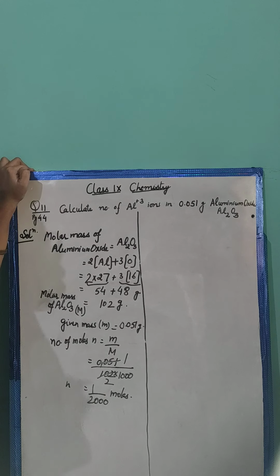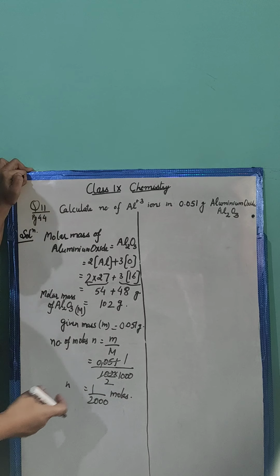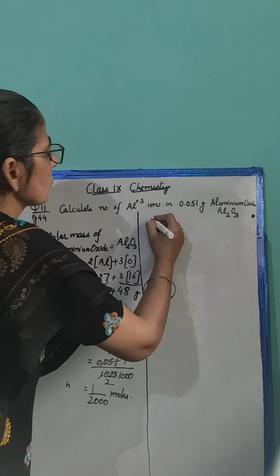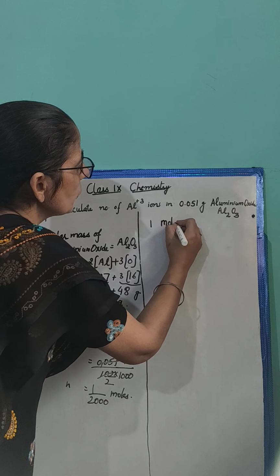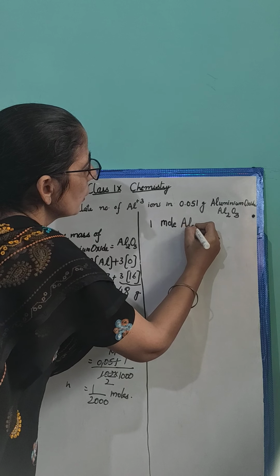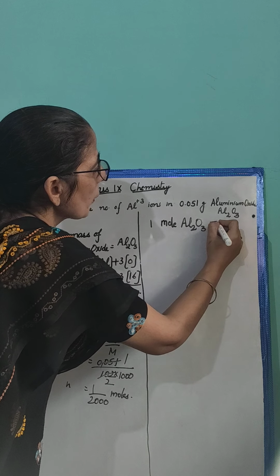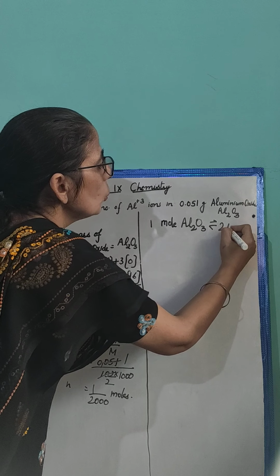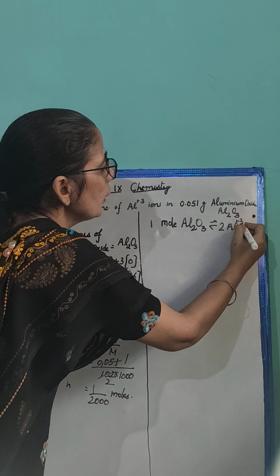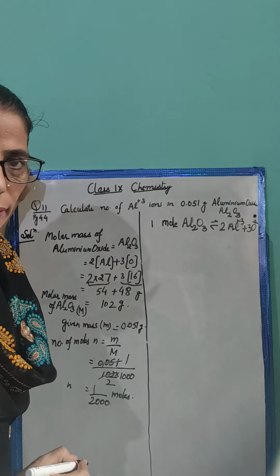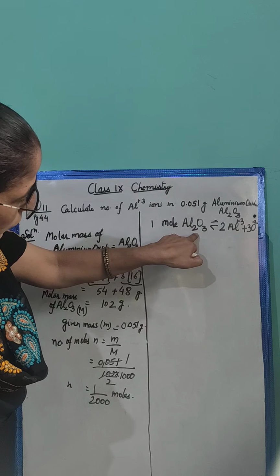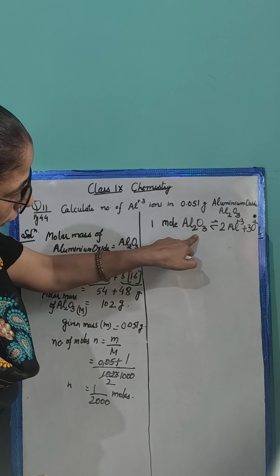And you know, in 1 mole we have Avogadro number of particles. So we have to find in this many moles. 1 mole of Al2O3 is comprised of 2 aluminium ions plus 3 oxide ions. Did you get this? In Al2O3, what is written with Al? 2.